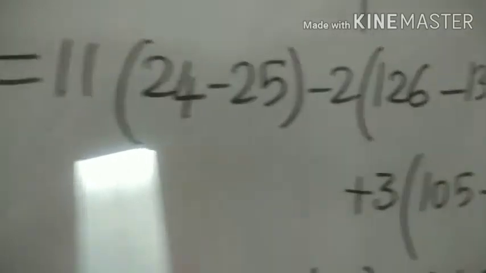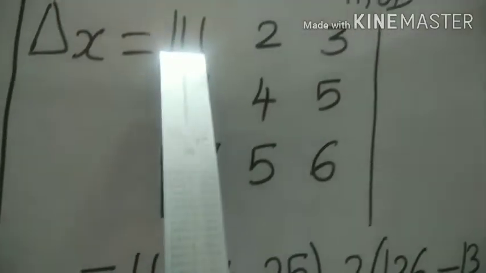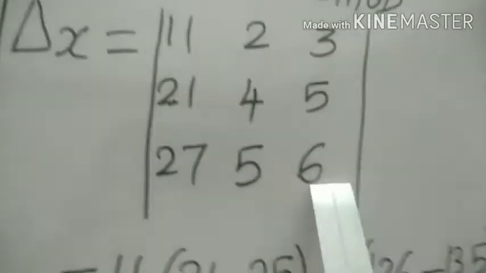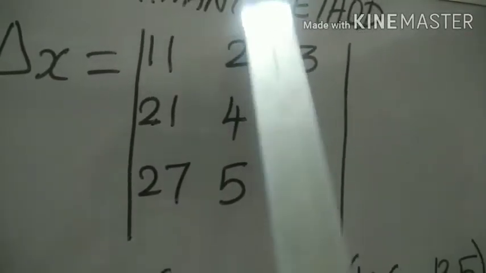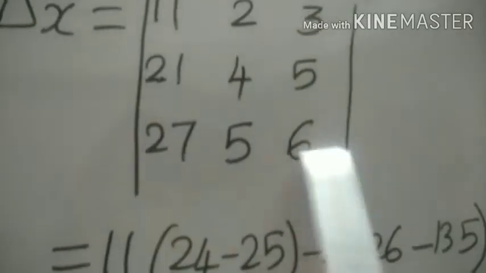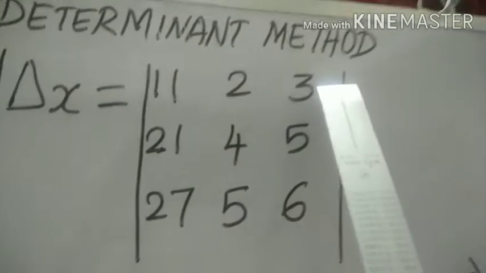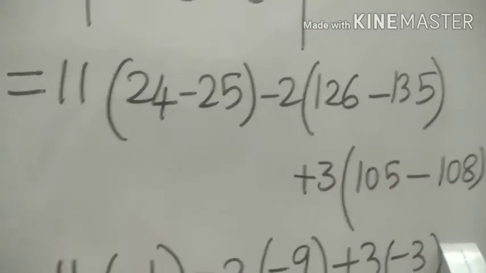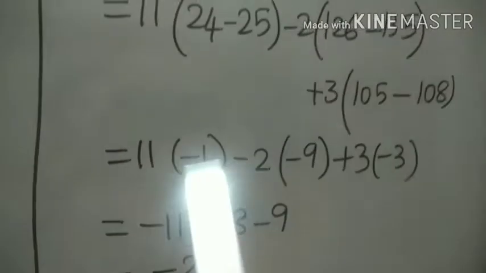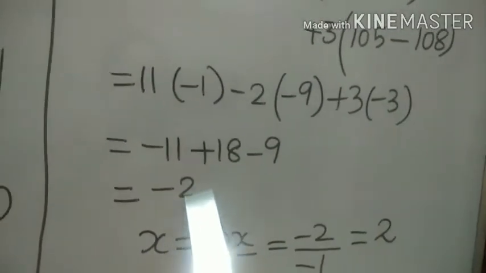So we expand 11 into 4, 5, 5, 6. We have expanded 2 into minus symbol. So minus 2 into 21, 5, 27, 6 we have expanded. Plus 3 into 21 into 5 minus 27 into 4. So we have expanded here. And the answer, as we simplify, we get minus 2.